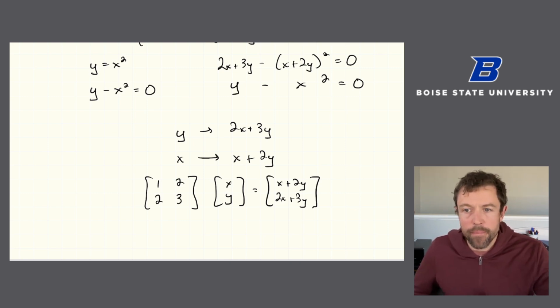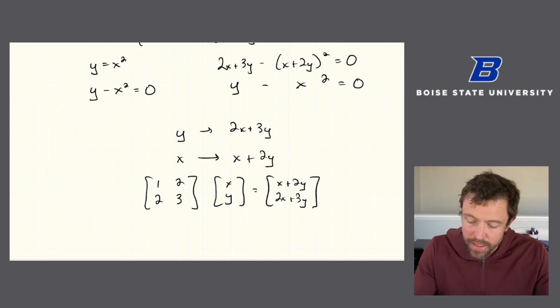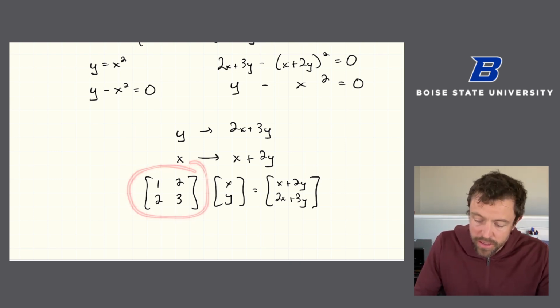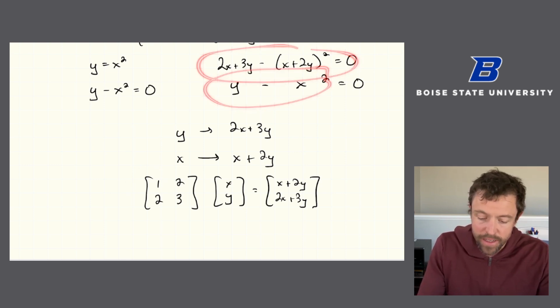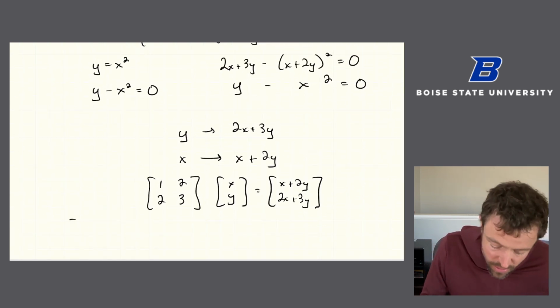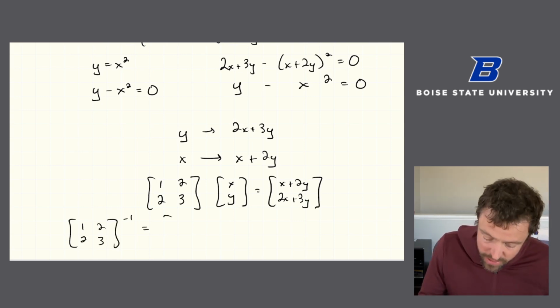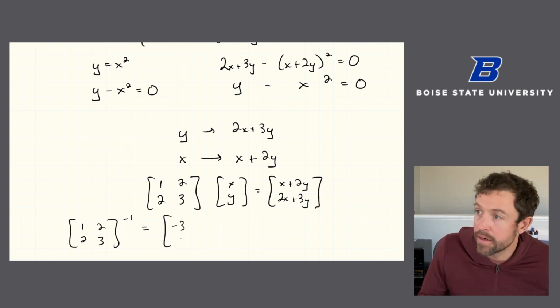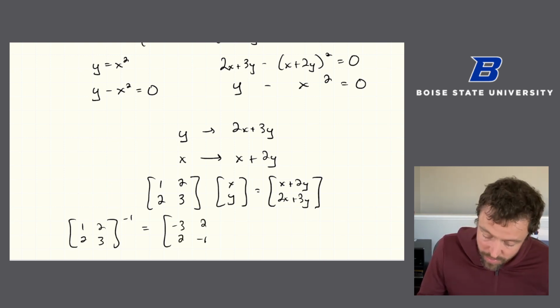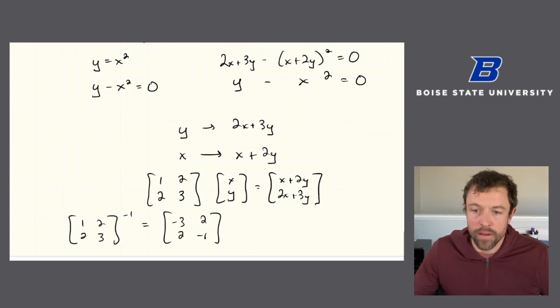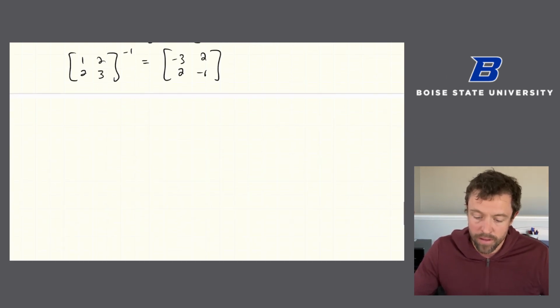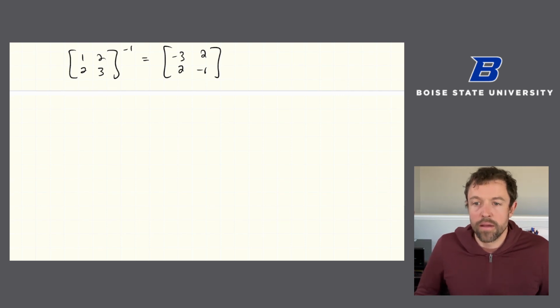In fact, it is, but it's not actually the transformation we want, because as we discussed previously, this is the wrong transformation to take this to this. I need to look at the inverse. The inverse of this transformation is minus 3, 2, 2, minus 1. This is what I want.